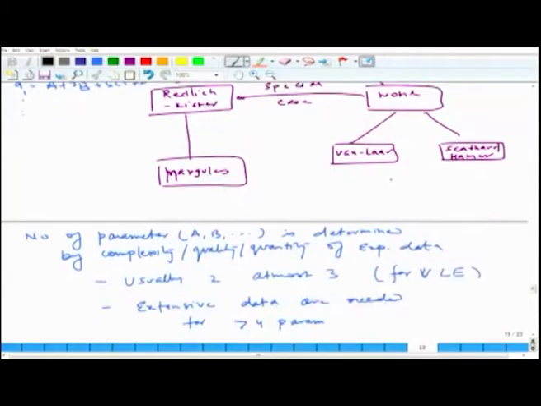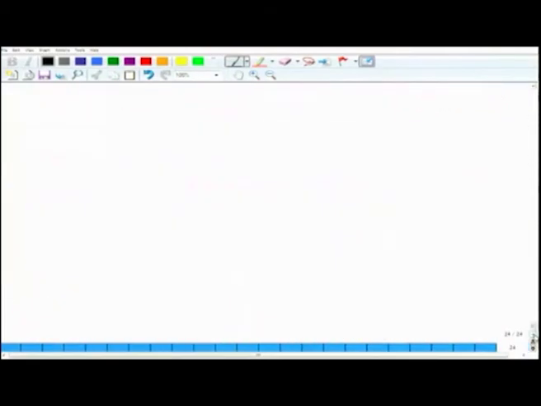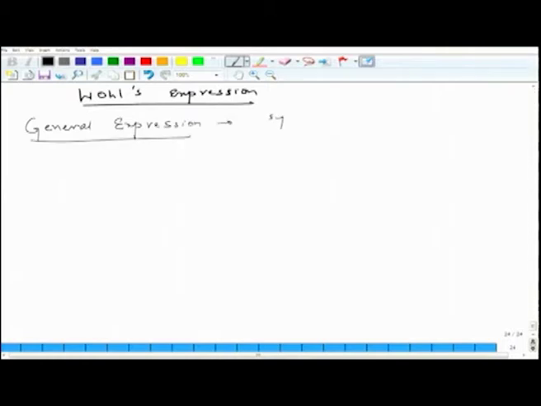Now we look at Wolf's expressions. Let us describe Wolf's expression. Yeah, so this is a general expression again, which can be systematically expandable for a multiple component system.